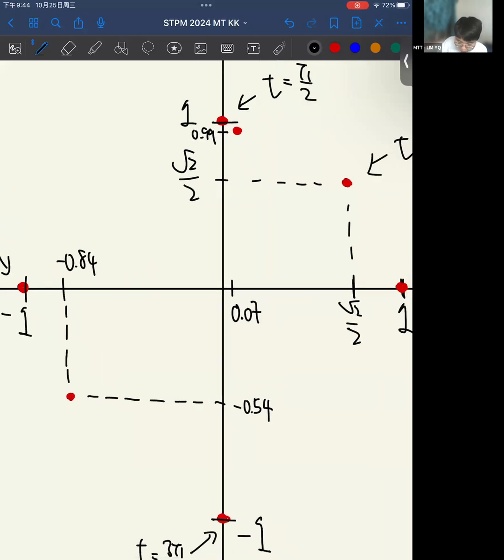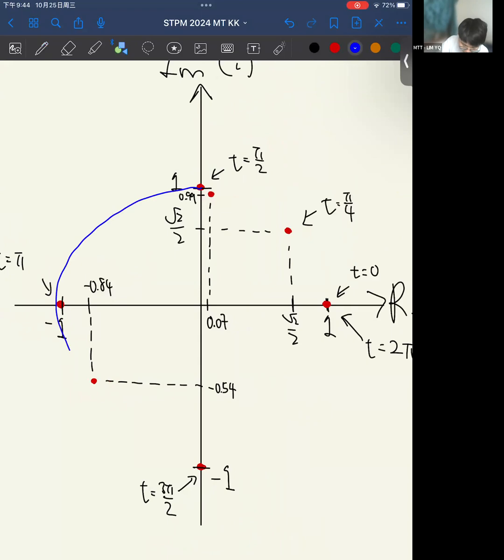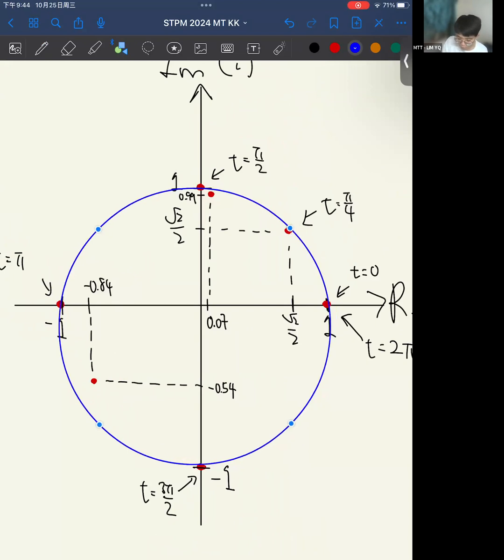So whatever value you put, it lies on a circle. Maybe you can draw a circle to verify the pattern, like this, passing through all the points. My one may not be that perfect, but you should be able to see that it is correct.